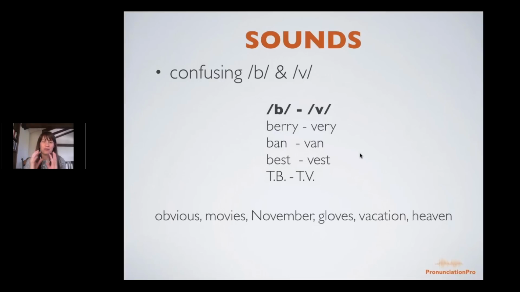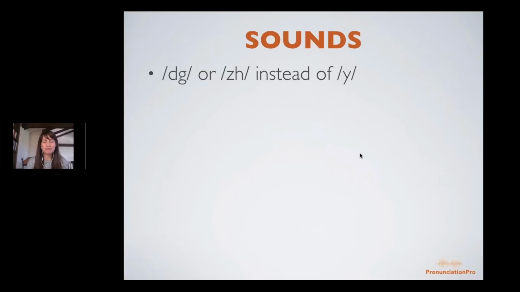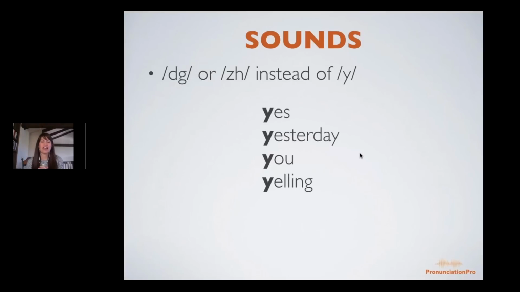All right. So be aware of the V sound. I don't have really much trouble with this ya sound. A lot of my Spanish speakers are able to correct this very quickly when it's brought to their attention.